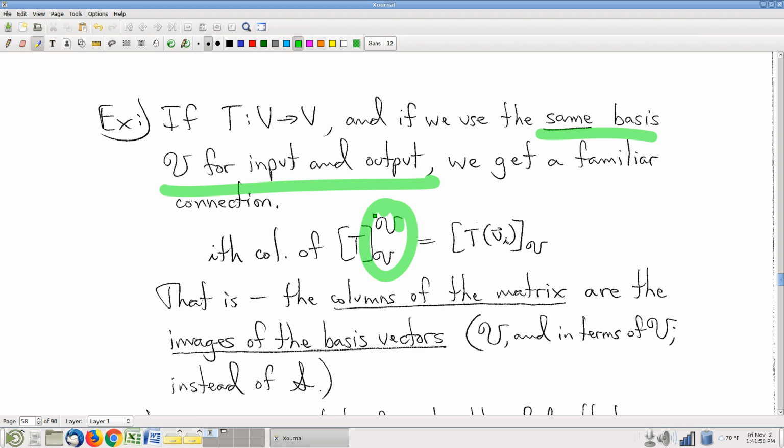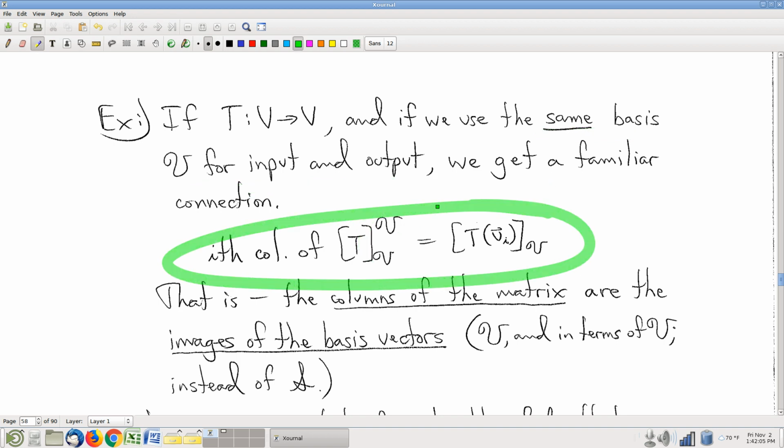Right? So we're going to represent input vectors in the language of the script V basis, and likewise the output we're going to represent in the language of the script V basis. Then what that formula that we just looked at a few pages back turns into is this. And I claim this should look kind of familiar.